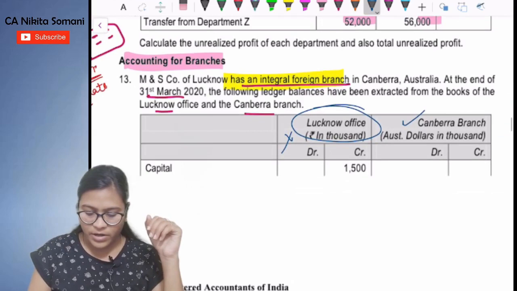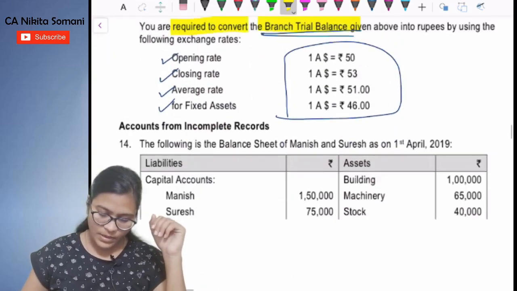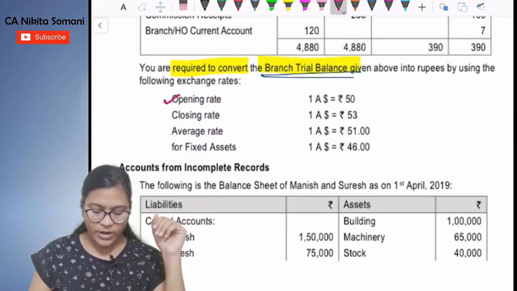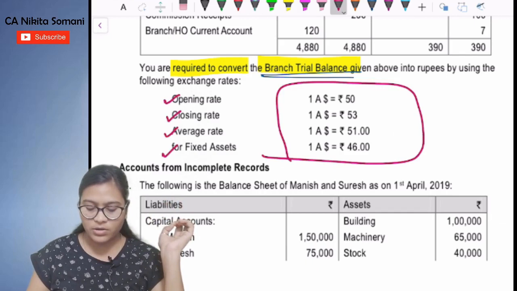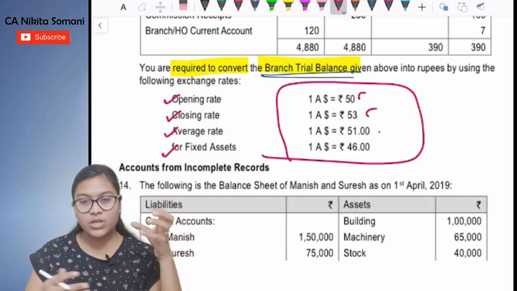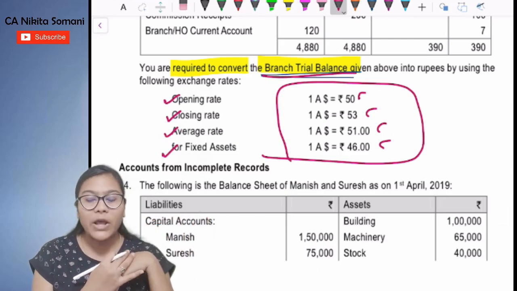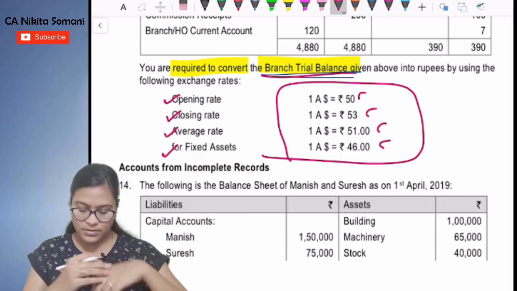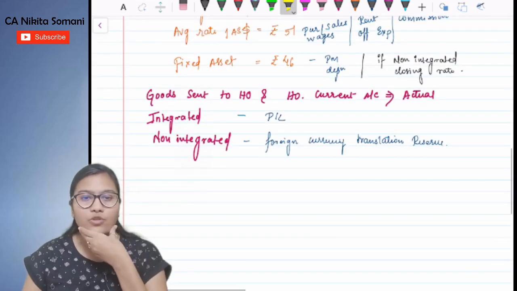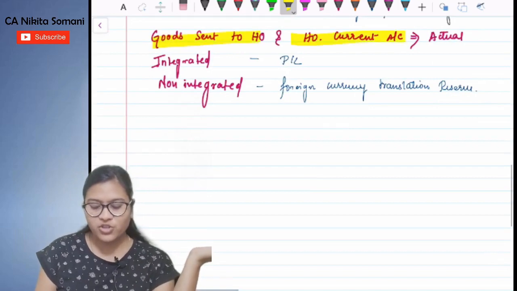All these rates are given in what? Australian dollars. Okay, and you have to solve for, see, opening, closing, average and fixed asset rates are given in Australian dollars like this per rupee. You have to just convert and write down the figures, and you have to solve for only the branch trial balance. So let's see, there are mainly three things to be discussed in this question, that is goods sent to HO and HO current account.